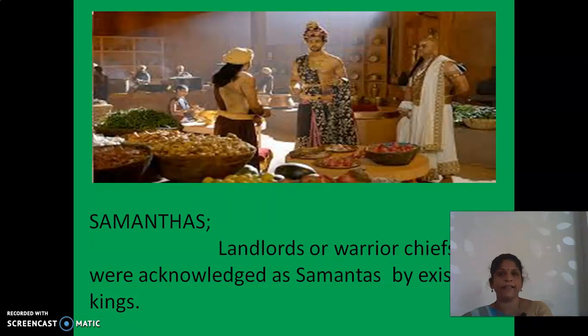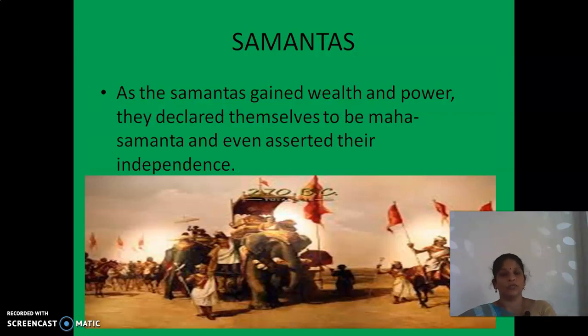That means these Samantas have more land, and they have the power to collect taxes from the peasants. The Samanta's duty was to give gifts to the king and also provide army power when the king needed.